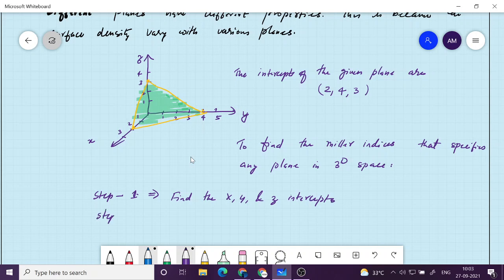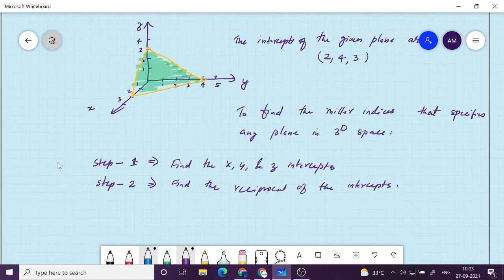Step 2, find the reciprocal of the intercepts. So if I do step 2 on the given plane, you will get basically 1 by 2, 1 by 4 and 1 by 3.